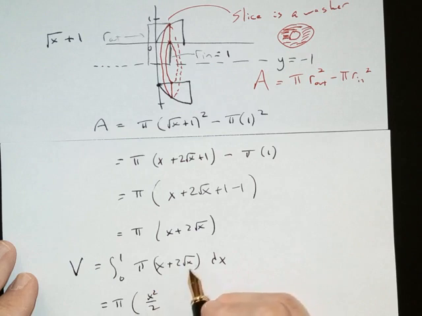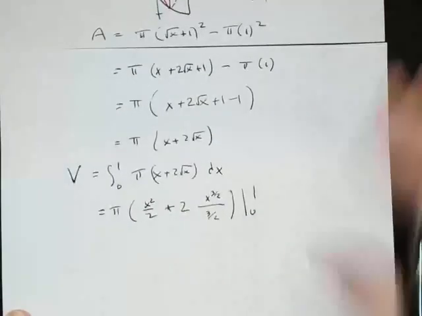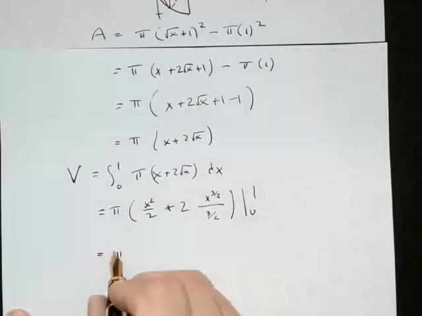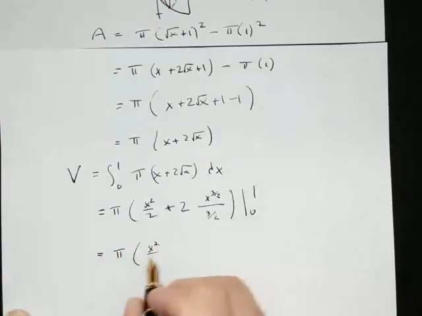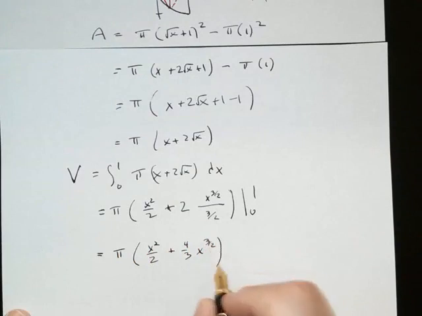Square root of x is x to the 1/2. So I'm going to get x to the 3/2 over 3/2. Since I am multiplying by a 2, I'll pull that fraction out, flip it over. And I get a 4/3.